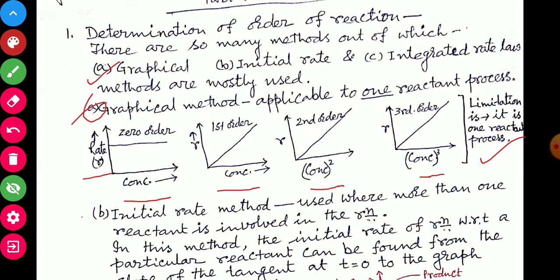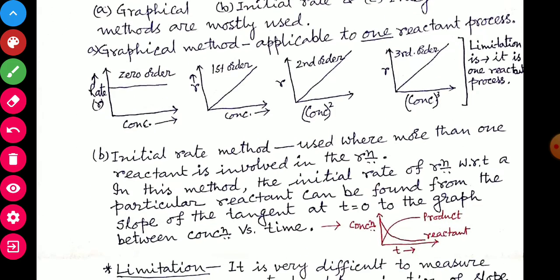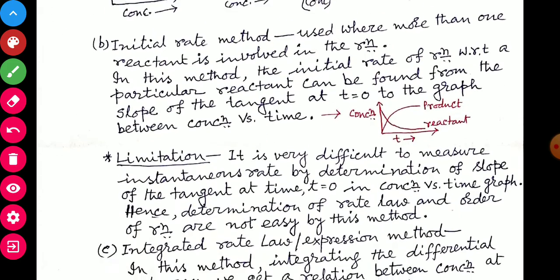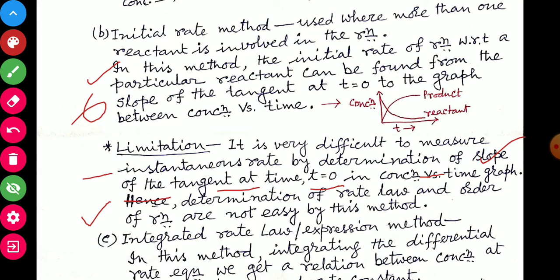Initial rate method is used where more than one reactant is present in the reaction. In this method, the initial rate of reaction with respect to a particular reactant can be found from the slope of the tangent at t equal to 0 to the graph between concentration versus time.